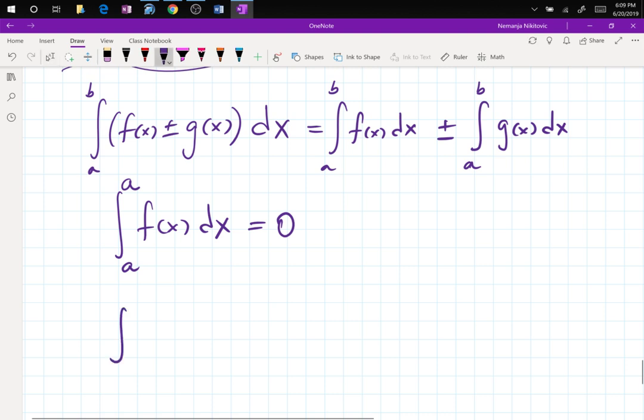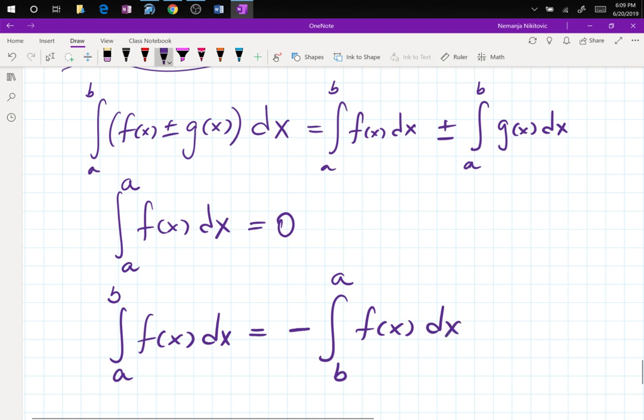So if you want to switch a with b, you have a minus integral b to a, f of x dx. When we do u substitution, your old limits, let's say 0 to 1, will become new limits 5 to 3. And you go, well, smaller number is on the top, so let me just swap them. And when you swap them, you have to put the minus in front.